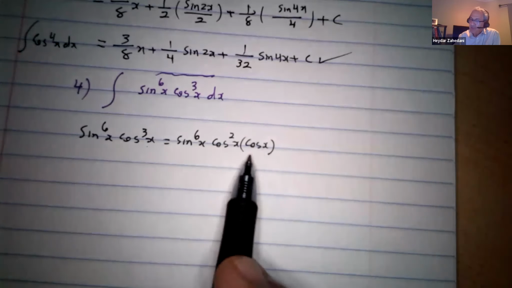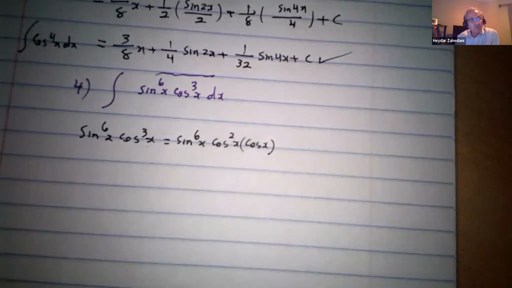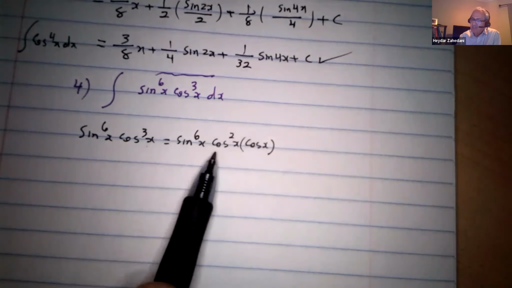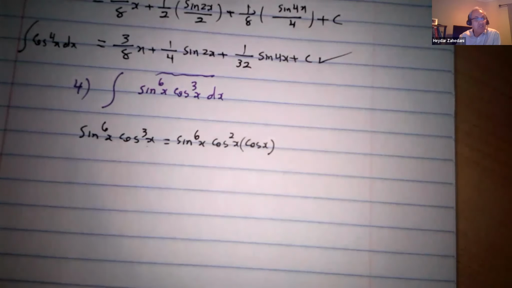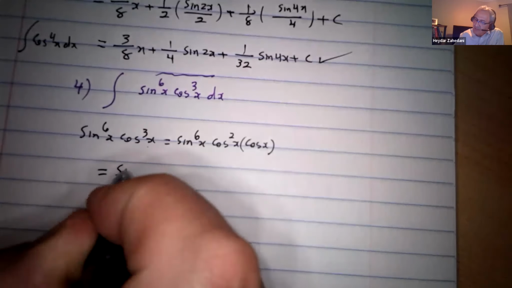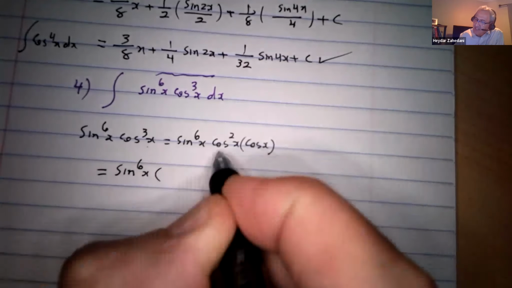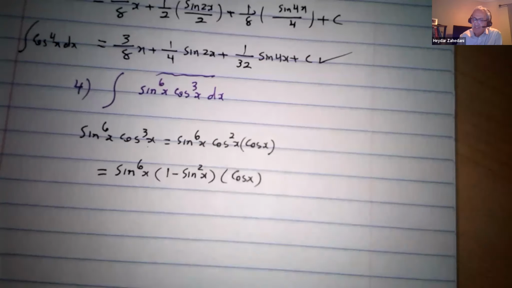The differential is going to be cosine of x, so you need sine because you want to use the u substitution. This is already sine to the 6. This is cosine squared. Change the cosine into the sine. Okay, so once more, it's going to be sine to the 6 of x. Change this one into the 1 minus sine squared of x, and keep this one for your u prime, you see?